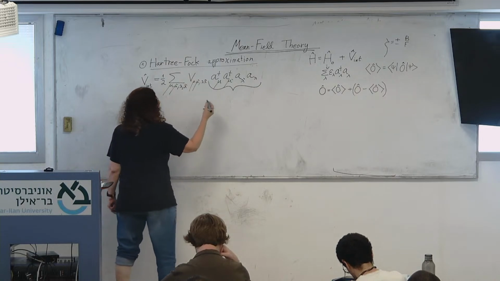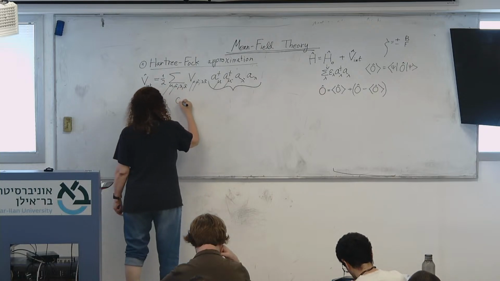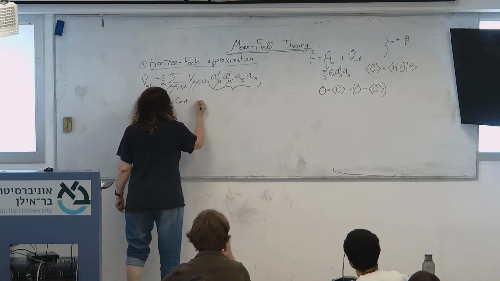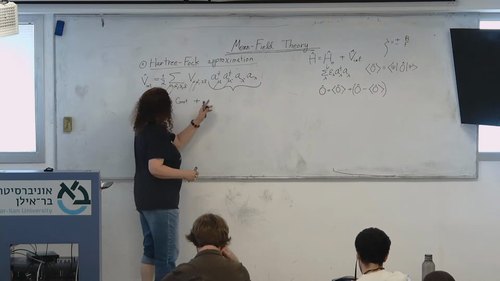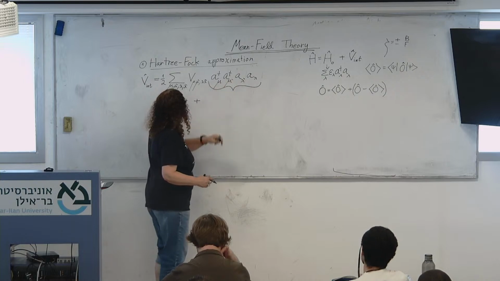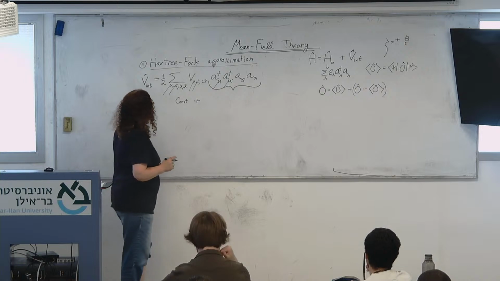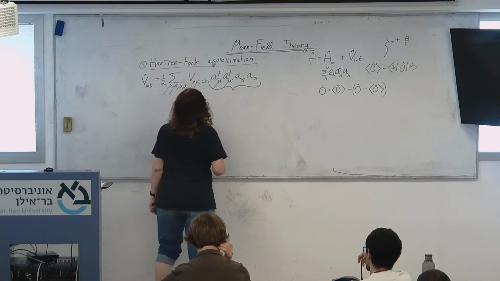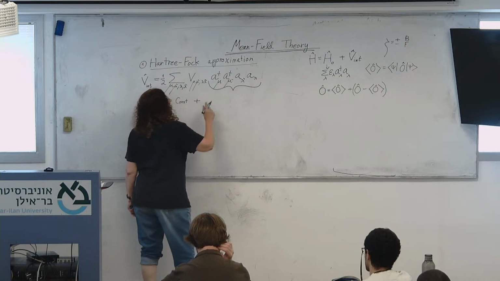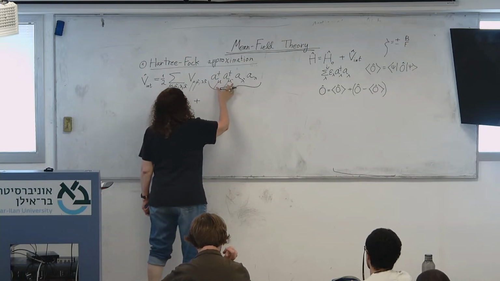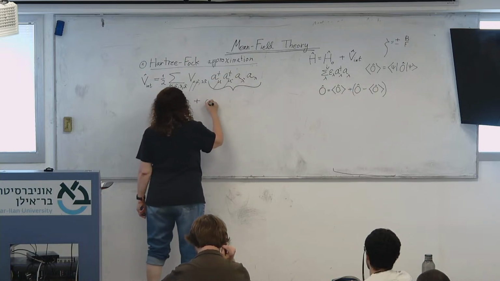What is important is what is the remaining form of the operator. And basically what I'm saying is that I'm replacing this by some constant plus the following expression, and quite generally, let me first write it generally, and then we'll see which part is actually 0. So I'm writing an expansion of terms where each time I take one pair and replace it by its expectation value.